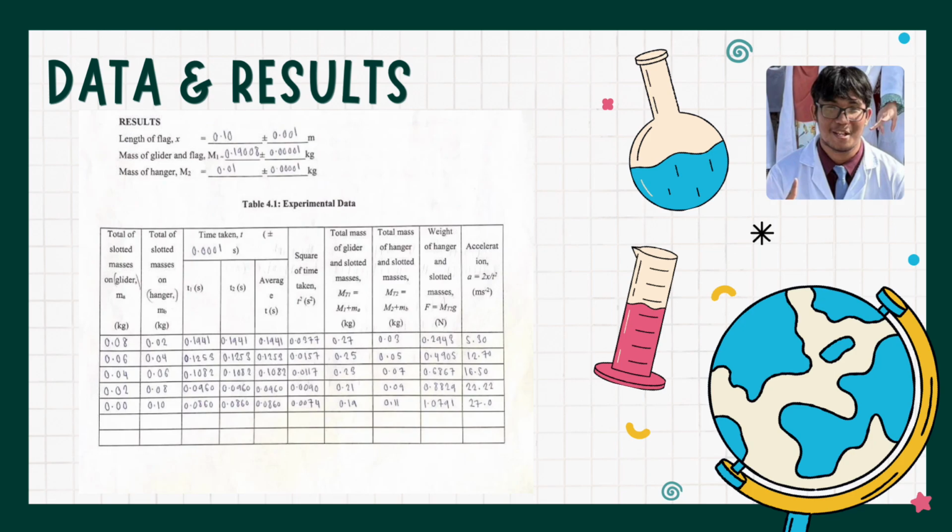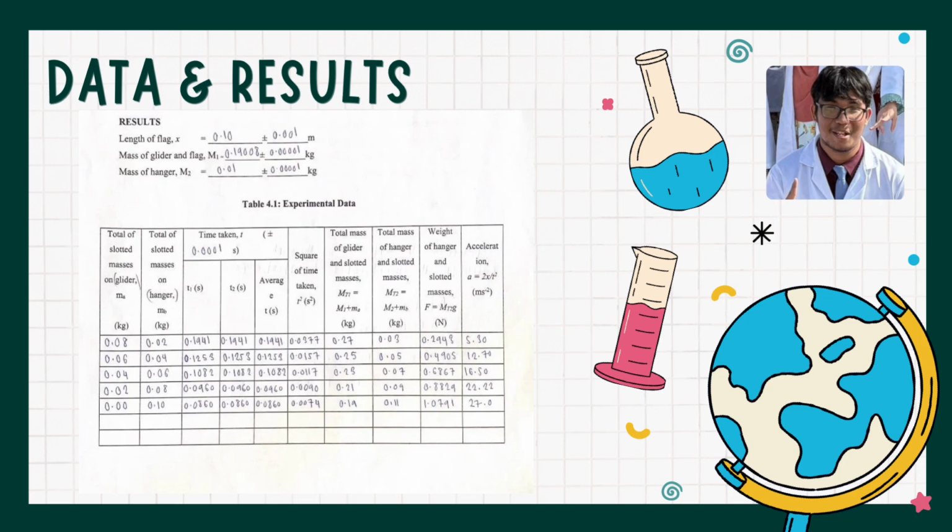The time taken is t, and the square of the time taken is t square. The total mass of the glider is mt1, which is m1 plus ma, also in kilograms. Then the total mass of the hanger, mt2, equals m2 plus mb, also in kilograms.